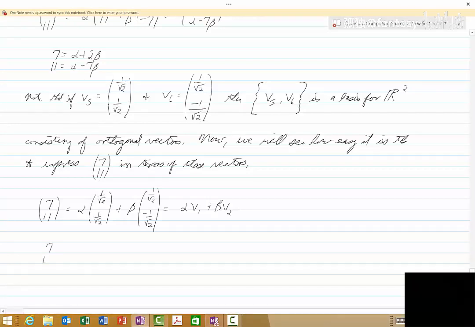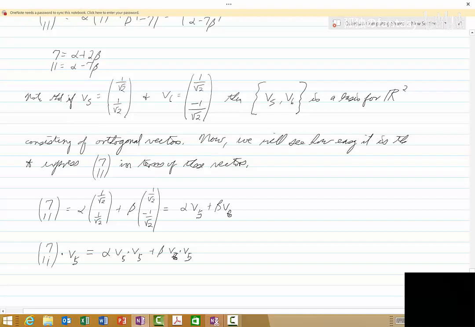We're going to take the dot product of each side of this equation with v5, and v6. Oh, and I'm sorry, that shouldn't be v1 and v2, but v5 and v6 here.